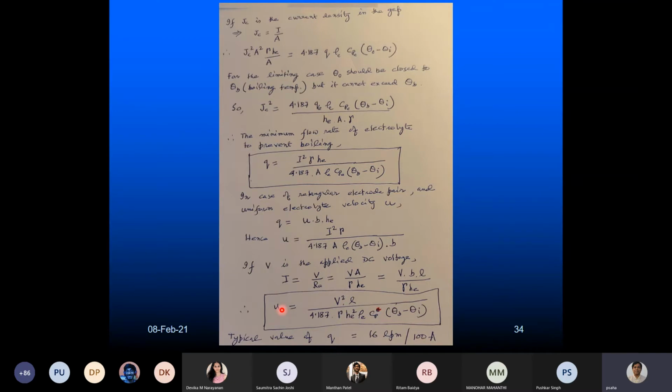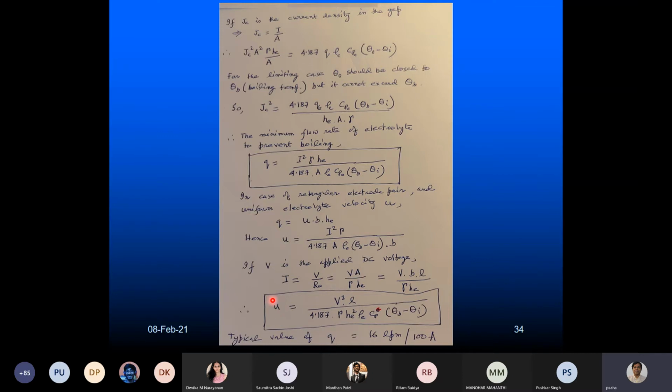Now comes the question, because we know the higher the feed rate, the lower is the interelectrode gap and the machining rate is higher. So you can maintain a very small interelectrode gap and look for a higher machining rate. But I said there is a practical limitation, and this is the practical limitation. The smaller the gap, the higher should be the electrolyte flow rate.